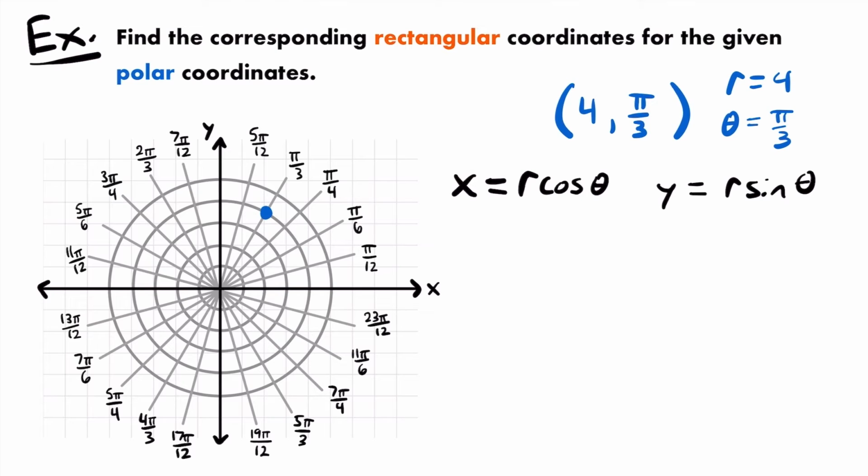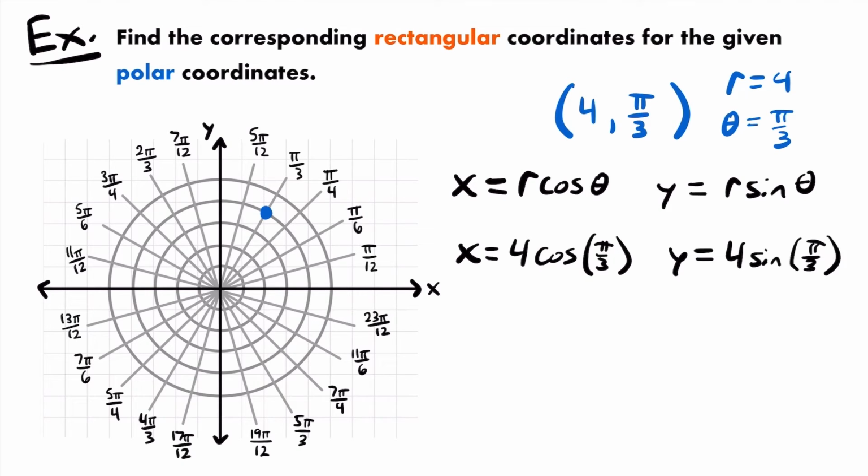So we'll have that x is equal to r, which is 4, times cosine of our angle theta, which is pi divided by 3. And then y is equal to 4 times sine of pi divided by 3. Now cosine of pi divided by 3 is equal to 1/2. So x is equal to 4 times 1/2, and 4 times 1/2 is 2, so x is equal to 2.